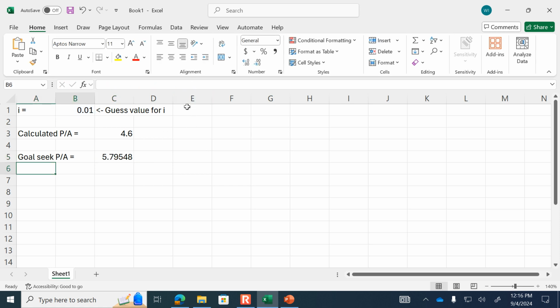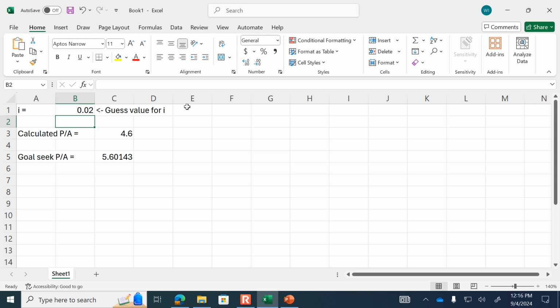All right, so it's saying if you substitute in 0.01 for I, then P to A is 5.79. Okay, well, what if I change this to 0.02?